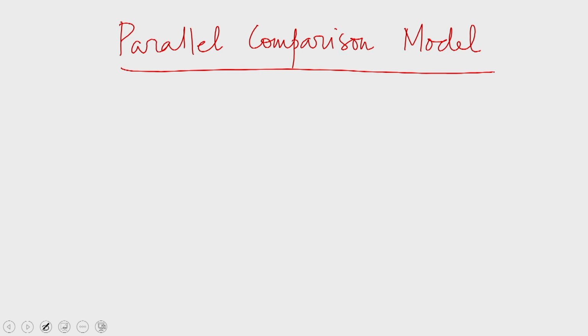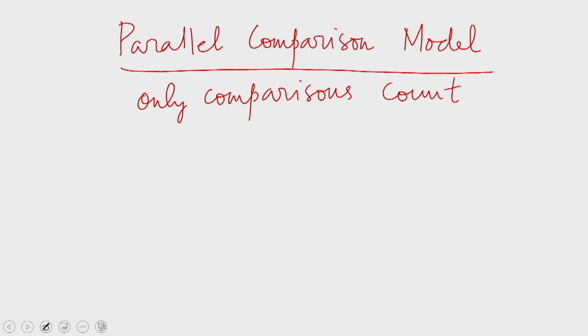In the parallel comparison model, only comparisons count. What we assume is that apart from comparisons of the key values involved, every other operation has 0 cost and takes 0 time.